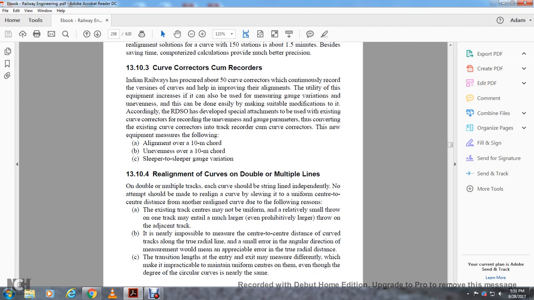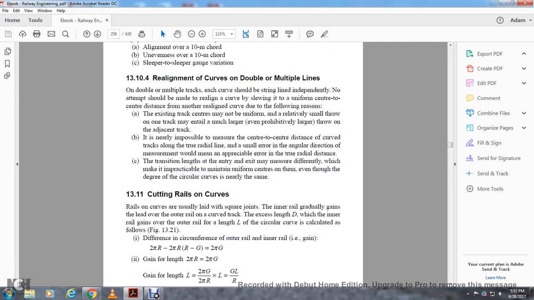It is impossible to measure the center to center distance of the curved track along the true radial line. A small error in the angular direction measurement means appreciable error in the true radial distance. The transition length of the entry and exit is measured differently, which makes it impractical to maintain uniform center distance even though the degree of circular curves is nearly the same.